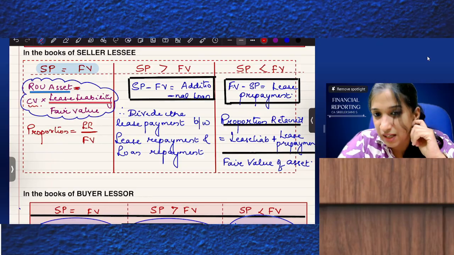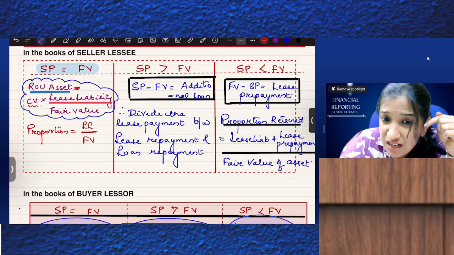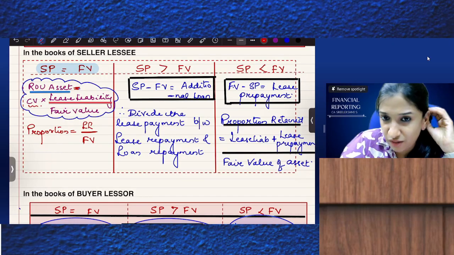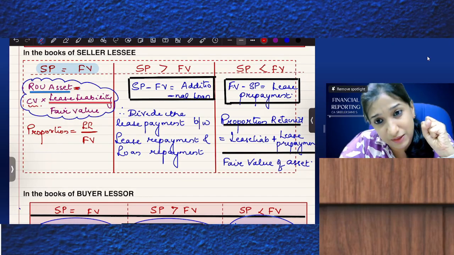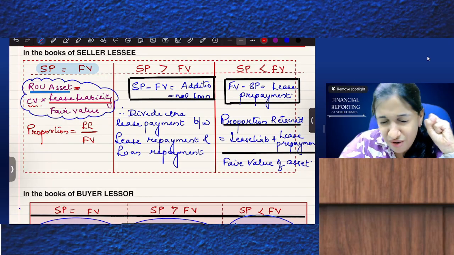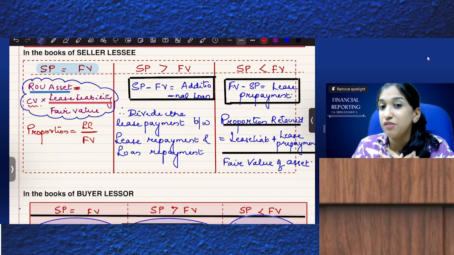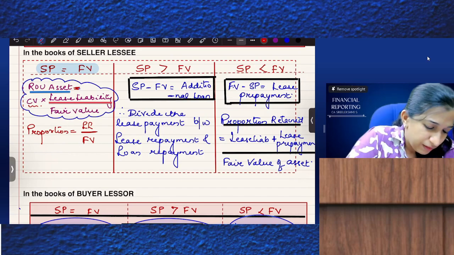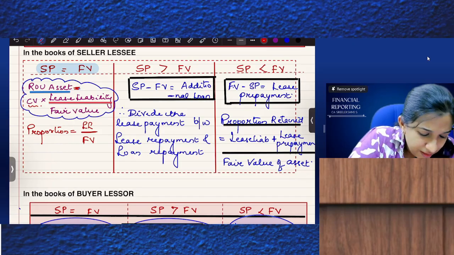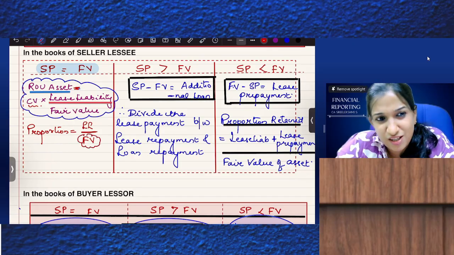And if I have taken over 100% capacity of that asset, 100% of full capacity, if I have leased back, then the lease liability present value will be minimum equal to its fair value. Yes or no?